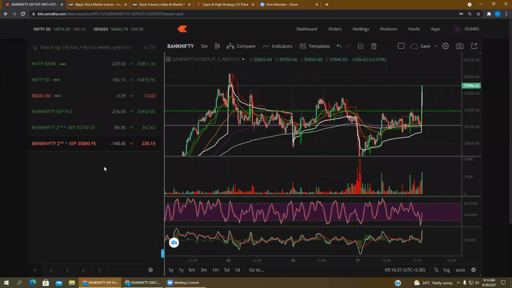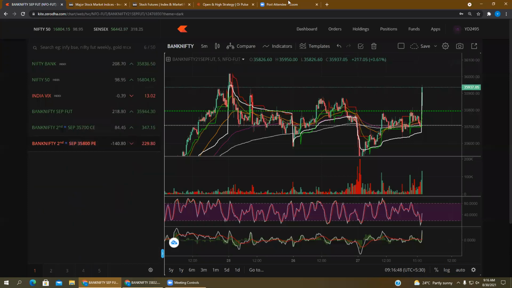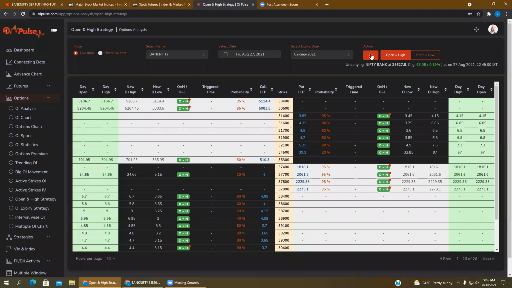But regarding trading, once the 5-minute candle closes, then I'll take a decision on which side I need to go. But it's interesting that we have an open high on put side. That is very interesting.